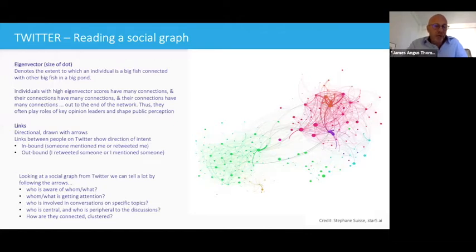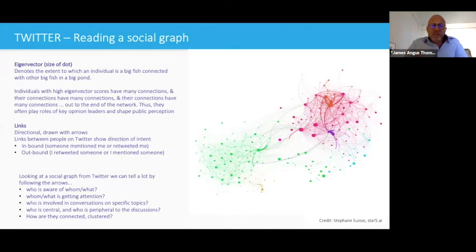So these people are having an influence, or are potentially influential within those networks, shaping people's perceptions, channeling information to them, channeling opinion to them, etc. The links drawn between the dots show that direction of intent that we've already seen.